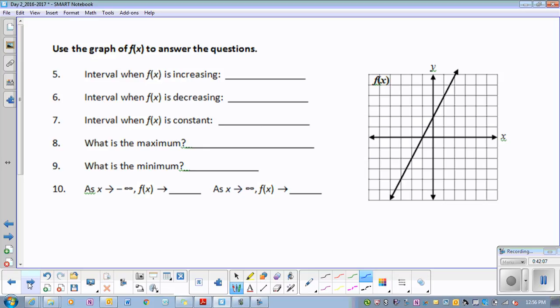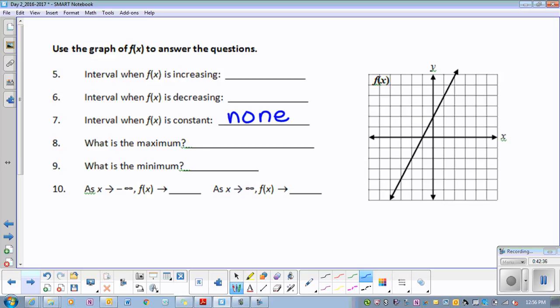So 5, 6, and 7 are asking us where this graph is increasing and where it's decreasing and where it's constant. So first of all, look at this graph. Is there any part of this graph where it's going straight? No, right? So interval when f of x is constant, none, right? It's not straight at all.